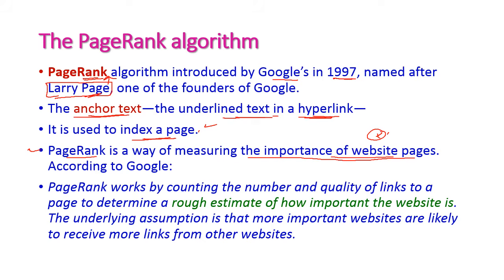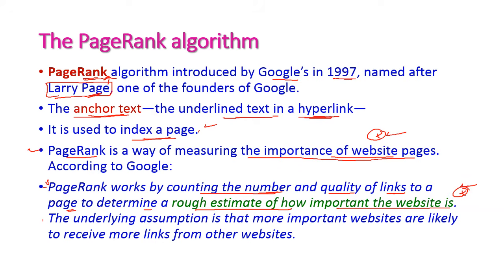This is important. According to Google, PageRank works by counting the number and quality of links to a page to determine a rough estimate of how important the website is. For this purpose we can use the PageRank algorithm.